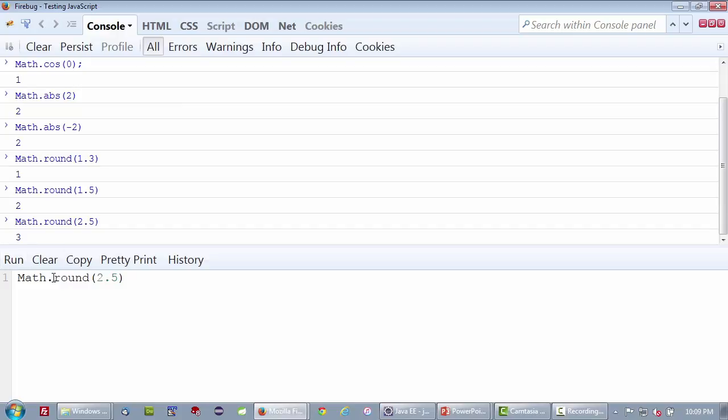Square root is also quite useful. It's sqrt. So Math.sqrt of 100, of course, is 10. But the thing to realize is that the representation inside computers only has a certain number of digits. Double precision has a certain number of digits.